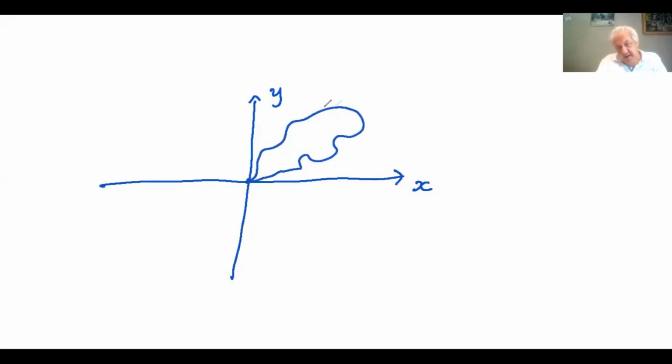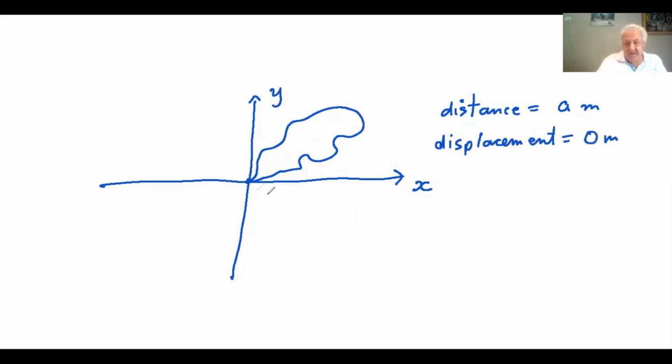Clearly, we've moved quite a distance. So the distance is some finite value, I don't know, let's call it A meters, whereas the displacement equals 0 meters. We return to the starting point.